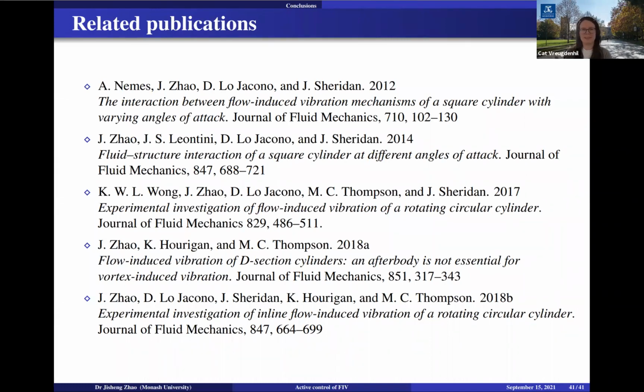I think it's limited by our water channel facilities here. If we could have a wider water channel, I think... Anyway, there are some studies showing that with an increase in Reynolds number, you can see some improvement in the energy output as well, for the non-rotating cylinder.